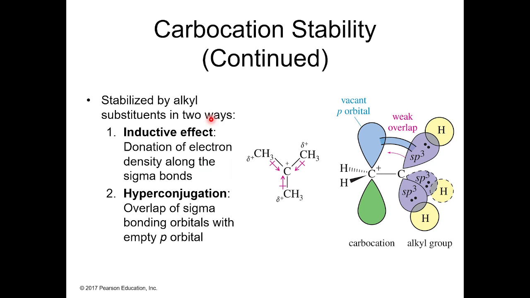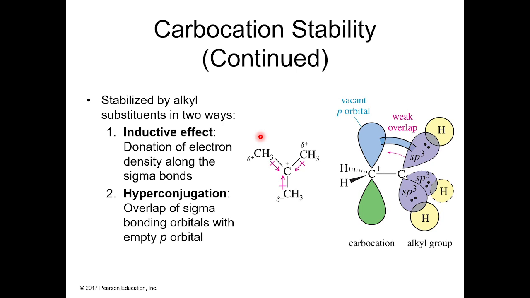Okay. So the inductive effect is going to be the donation of electron density along the sigma bonds. Remember, sigma bonds are the overlapping single bond structure we're used to, where it has the direct overlap, right? So remember, when you have these carbons with hydrogens around them, the hydrogens actually allowed the carbon to take on a little bit of their electron density, right?